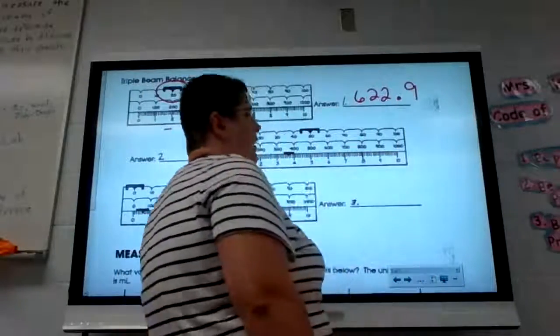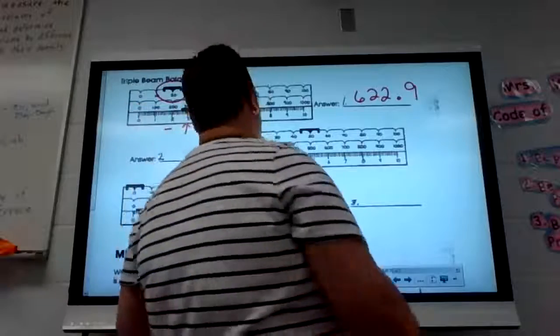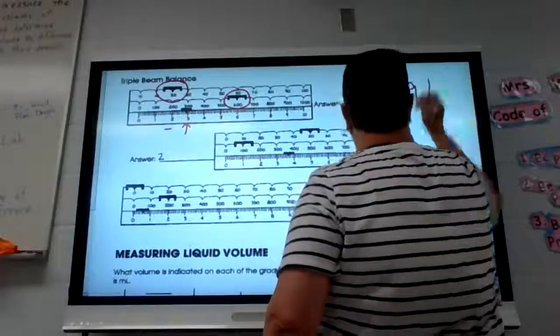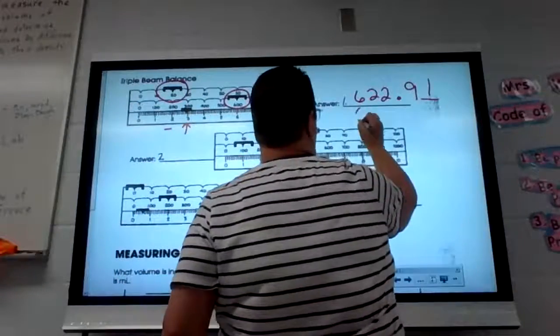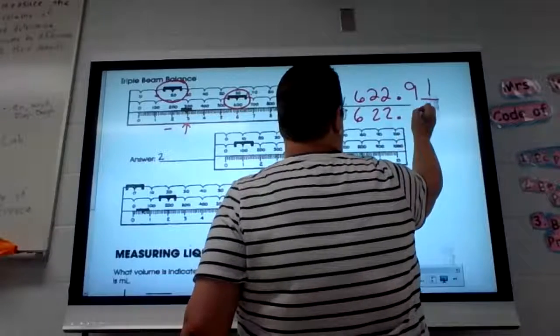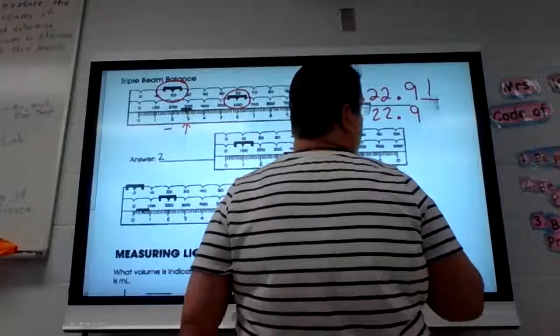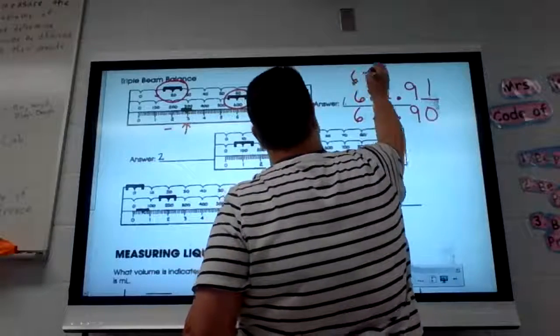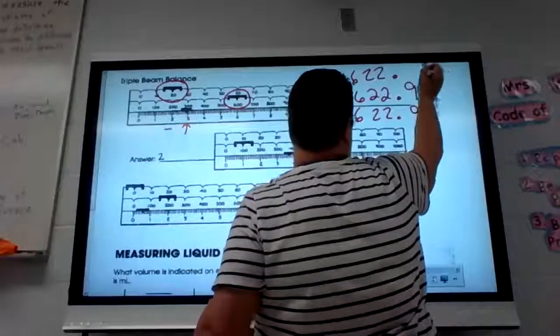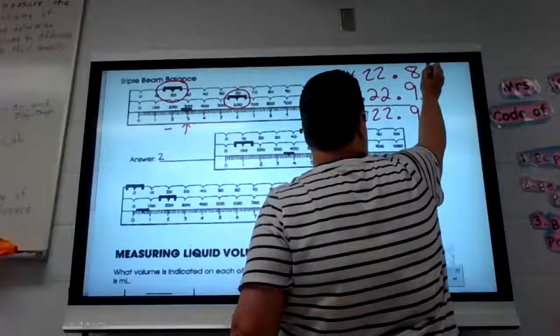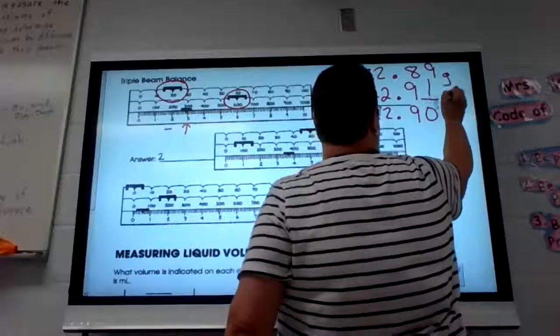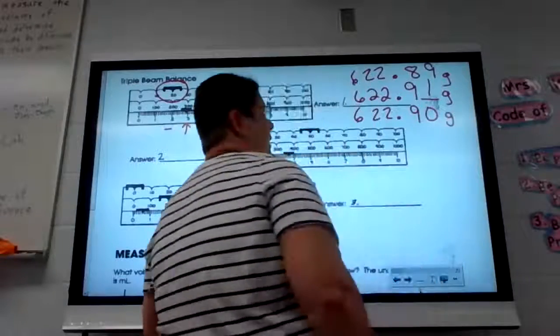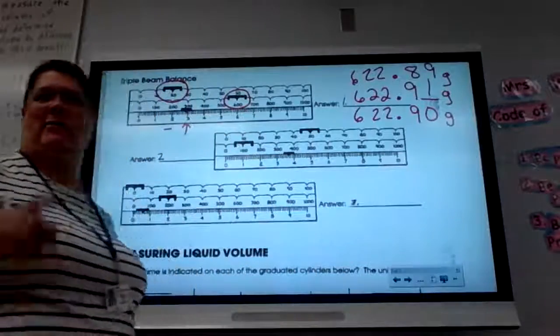So if you said it's on the 9, what's your guess? Okay. Some people go 1. Some people might have said it was on the line. So if it's on the line, what's your guess? 0. Some people tell me it looked like it wasn't quite at the 9 and tell me it's 8 and they go 9. Any of those answers are fine as long as there are how many numbers behind the decimal?